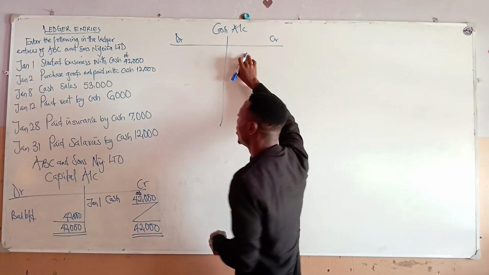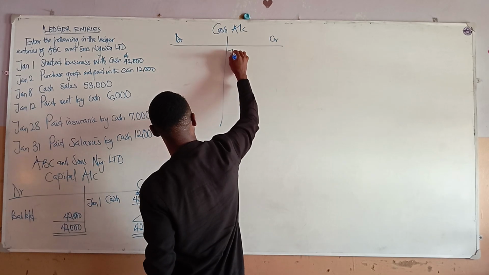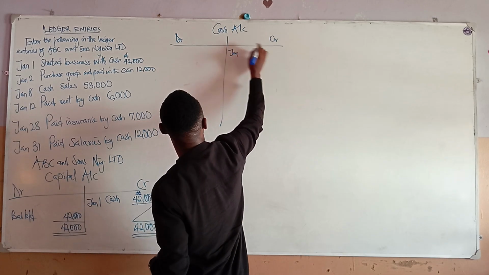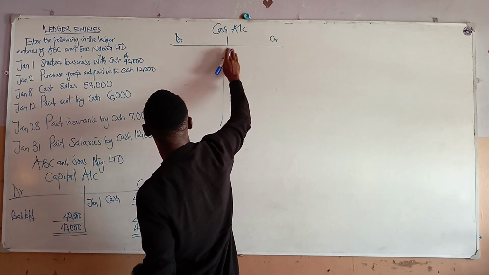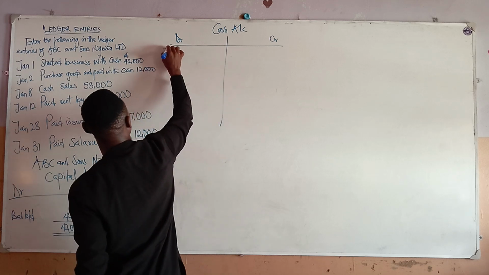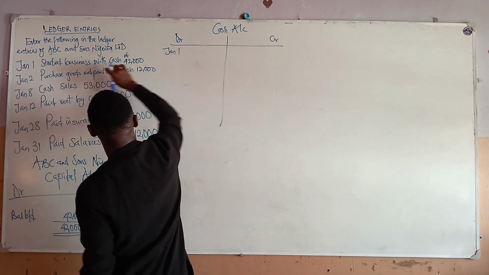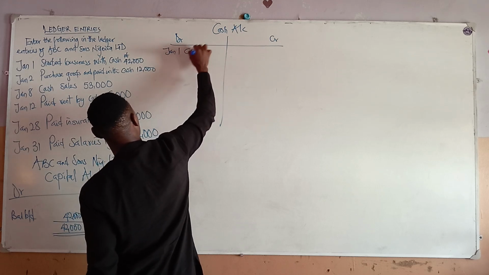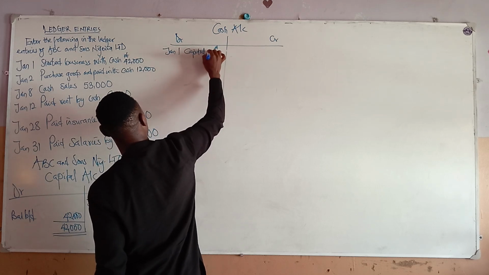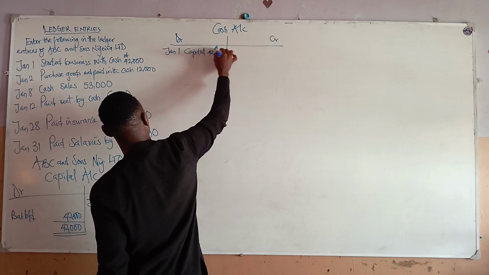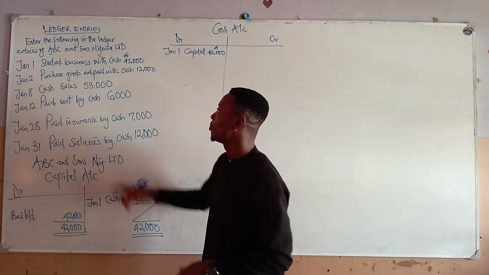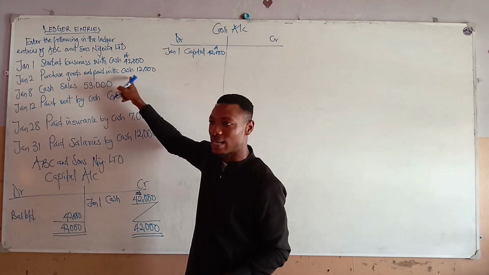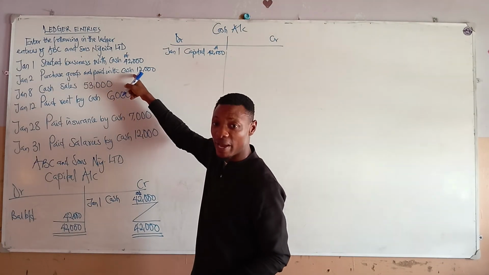Do we understand? Okay, sorry, capital is income. So we have January 1st, and this cash is what? Capital, that's the transaction. And our amount is what? 42,000.